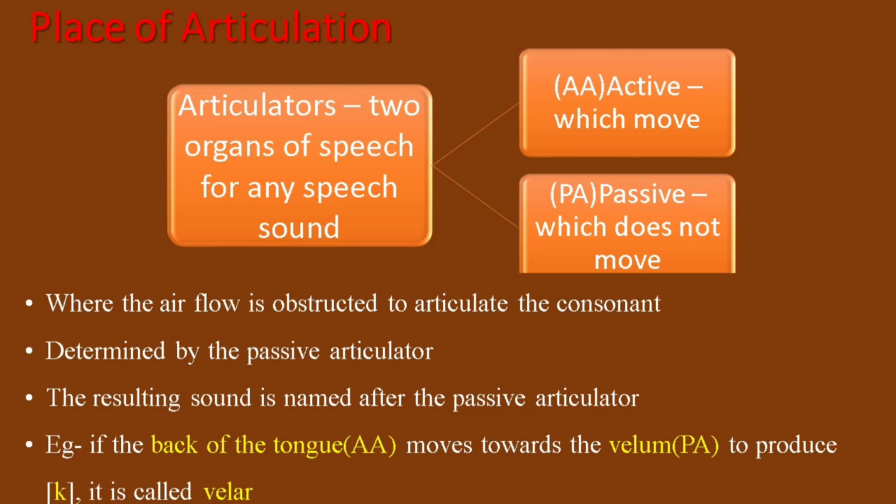So, when the back of the tongue moves towards the velum, which is nothing but the soft palate which lies in the roof of the mouth, and it is a passive one which does not move. When the back of the tongue, active articulator, moves towards the velum, the soft palate, passive articulator, it produces the sound k, and it is a velar sound.